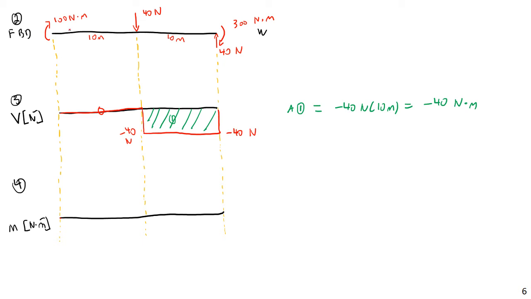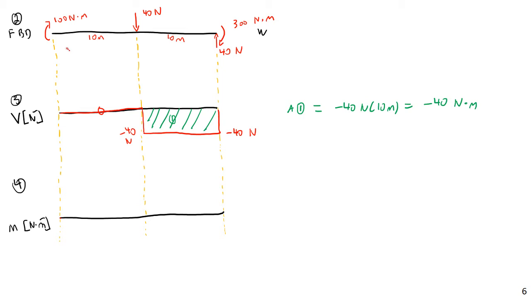It's oh so tempting to say, look, this is a negative moment. It's a clockwise moment. Therefore, the moment is going to drop because negative is clockwise. Not quite right. As we have repeatedly discussed, and we discussed at the beginning of this lecture, the moment diagram is going to change by the opposite of the applied moment.